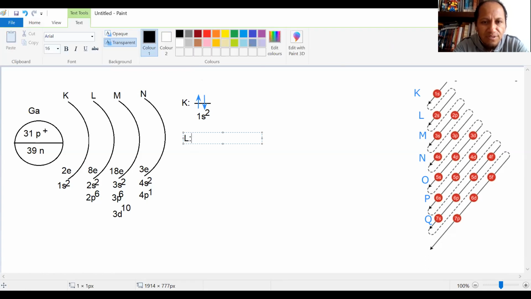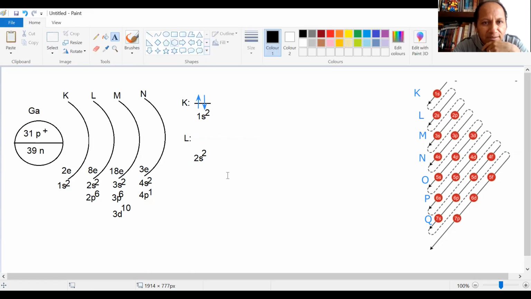L, put there the same process, right? It says 2s2. You just copy what you just designed. I'm going to recopy this; I don't need to draw it again.